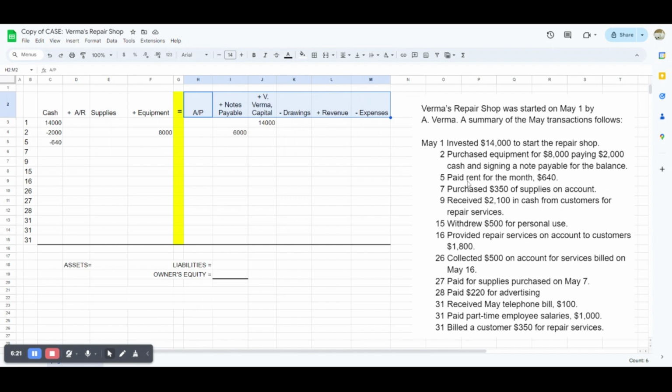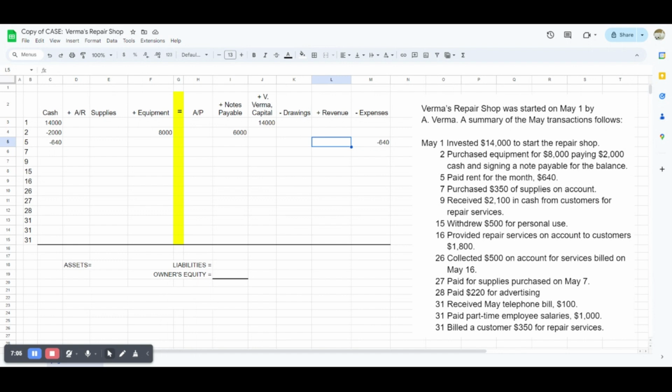Since it says paid rent for the month, it's going to be the expenses that is affected. This part is a bit confusing because it's also negative 640, but the reason it's negative is that it's making the owner's equity negative. Because if you're paying money, the money that you have as an owner is becoming less, right? Because you're paying money. So that's why there's a negative here.